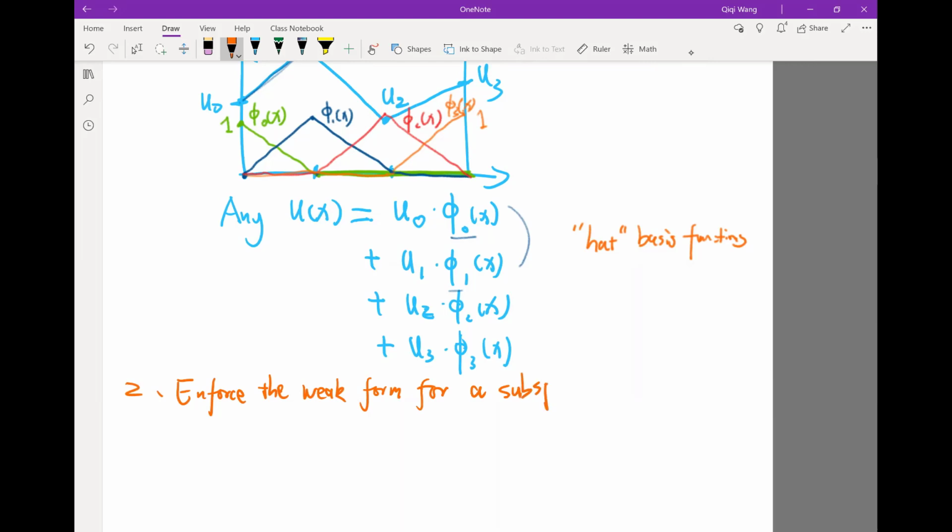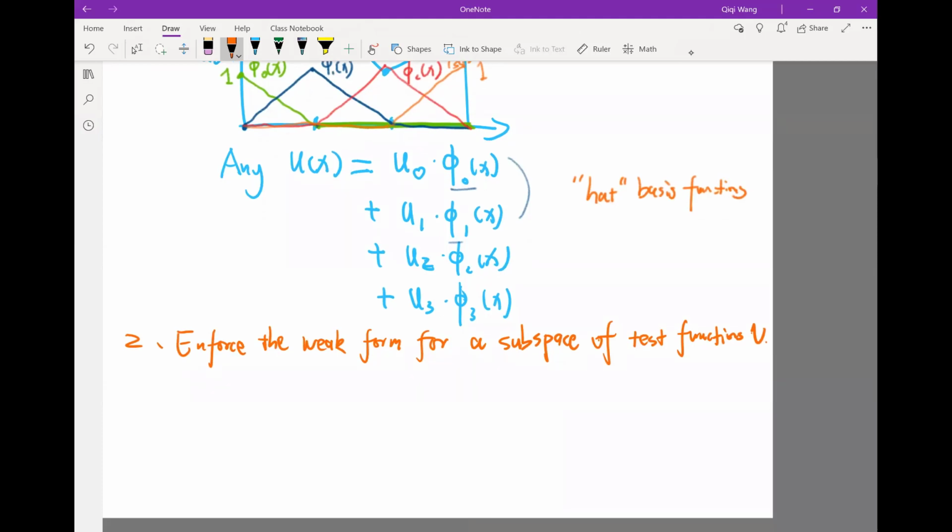Actually, I should call it a subspace, because the subset forms a linear space, a subspace of test functions v that satisfies the same or, in some cases, similar constraints.